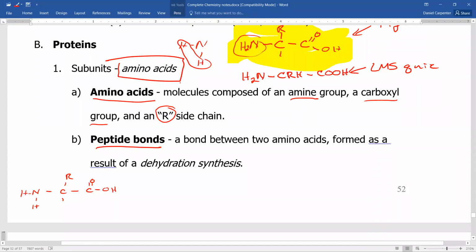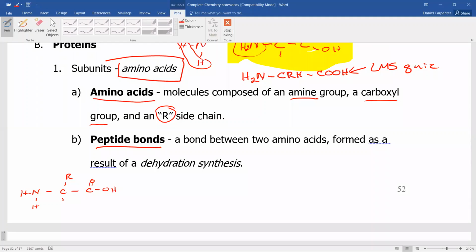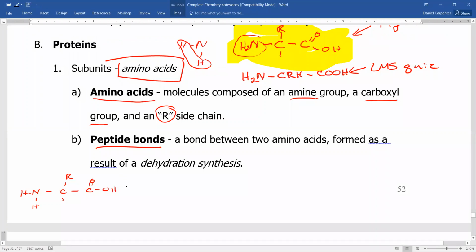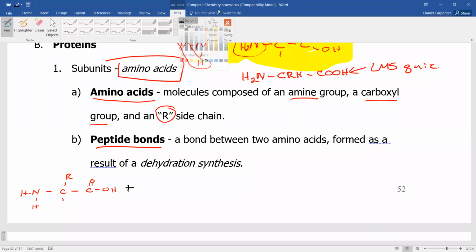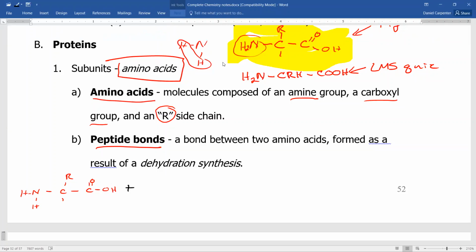Okay, so if I take one amino acid, and I'm going to use some different colors here to try and let you follow what's going on. So if I add another amino acid, better not use green in case any of you are red-green colorblind.